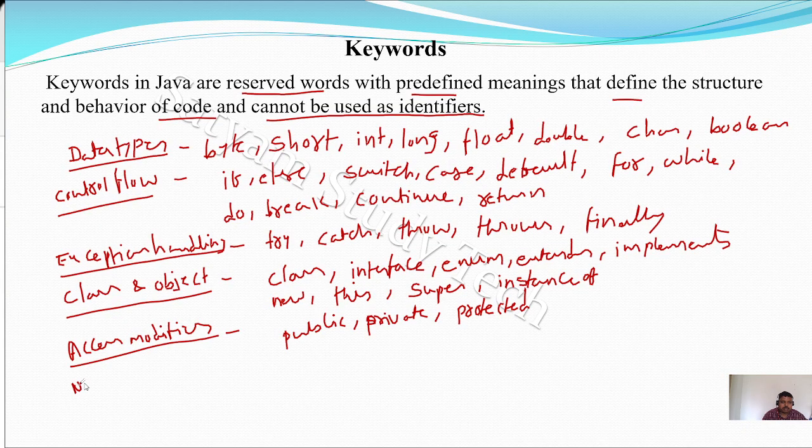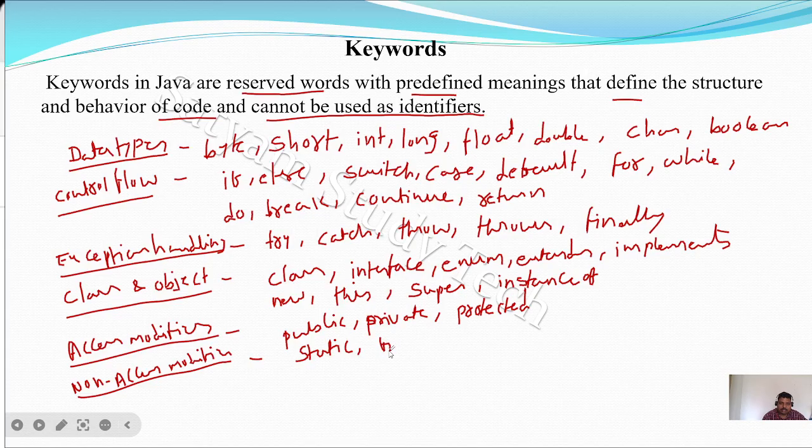And non-access modifiers you can use. These are also keywords, non-access modifiers like static, final, and abstract.